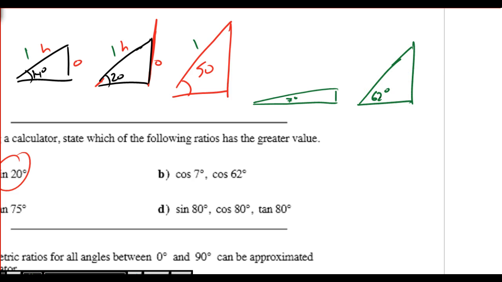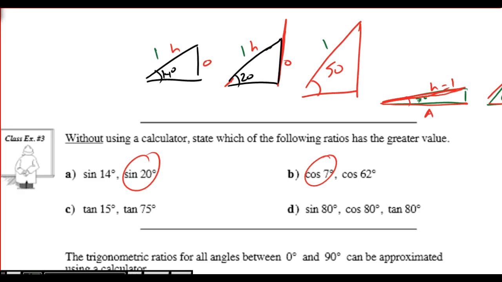Now cosine is adjacent over hypotenuse. So which one is going to be more if the hypotenuse equals 1? Well, the cosine 7 is clearly going to be bigger because the adjacent side is almost as long as the hypotenuse itself. Here it's much shorter. So the cosine 7 is going to have a bigger ratio.